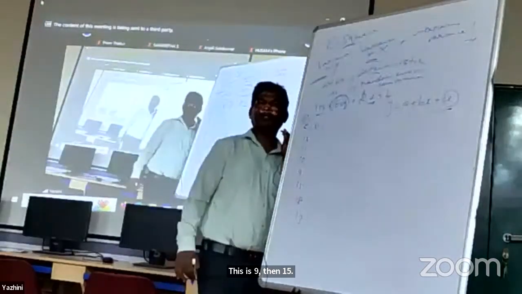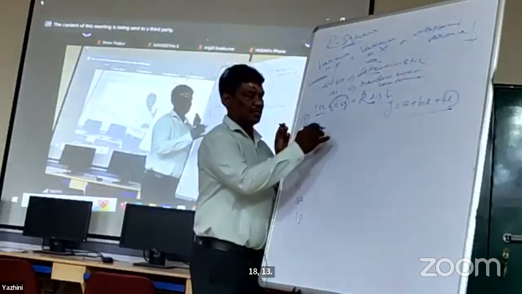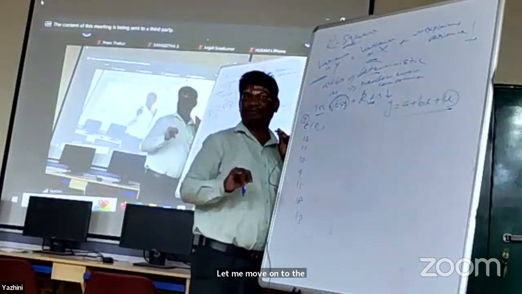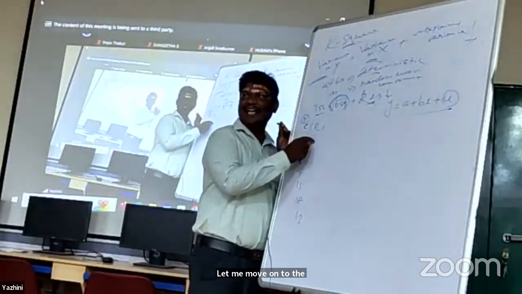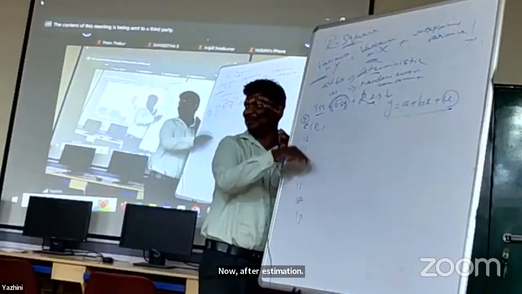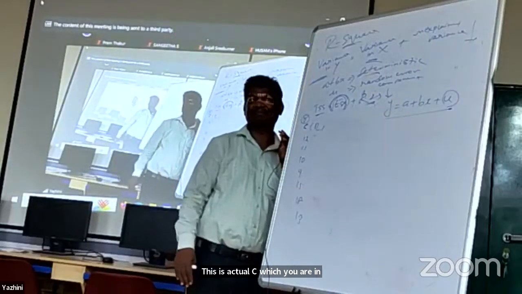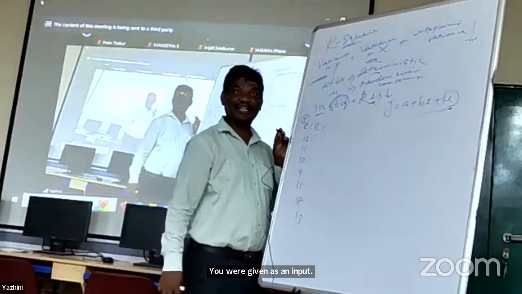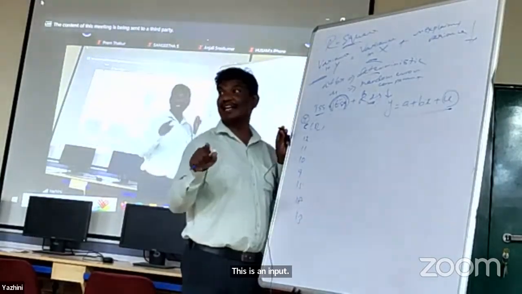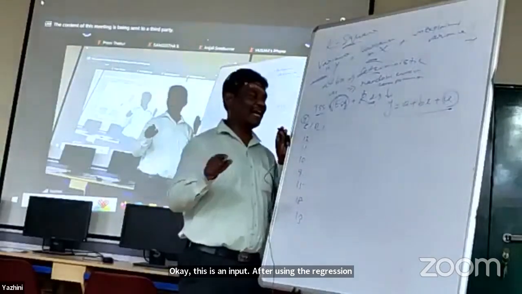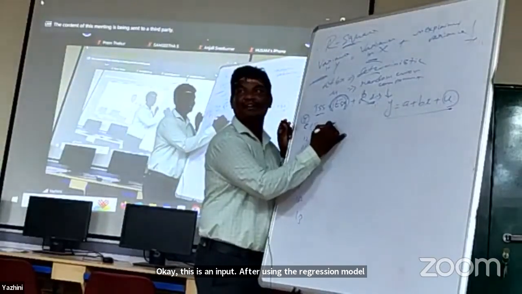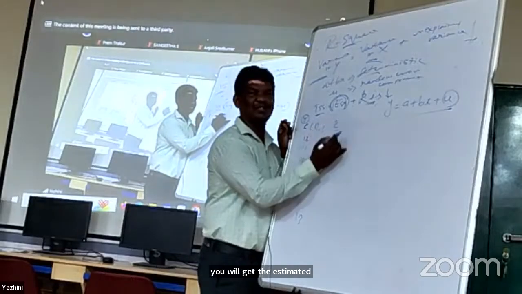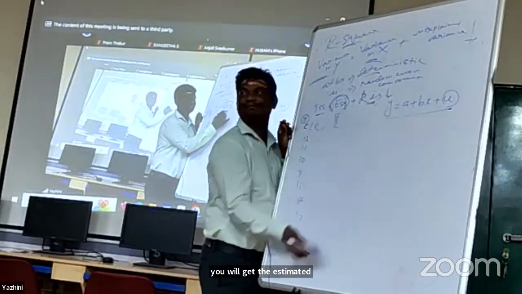Now after estimation, this is actual C, which you gave as an input. After using the regression model, you will get estimated C, that means Y hat.